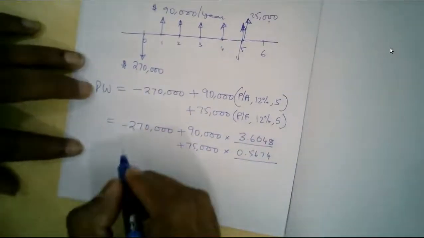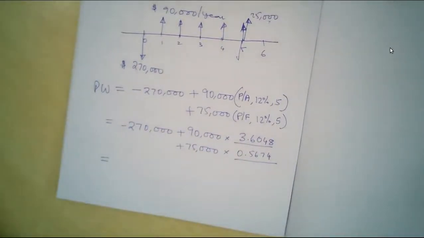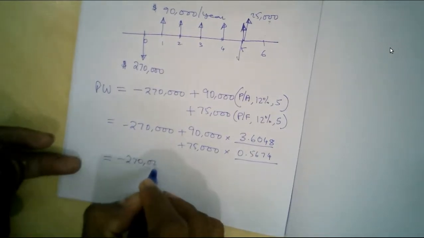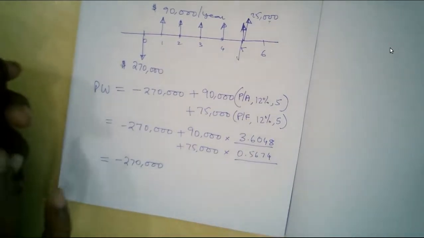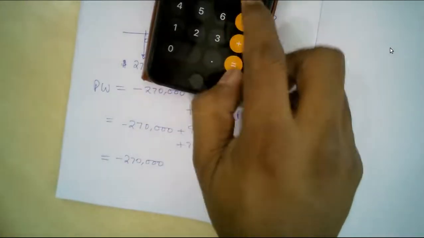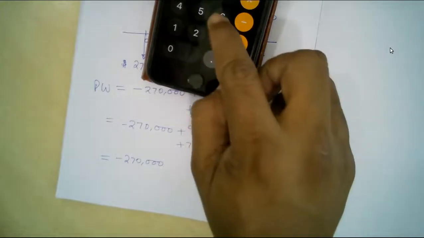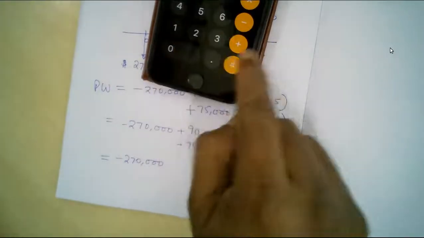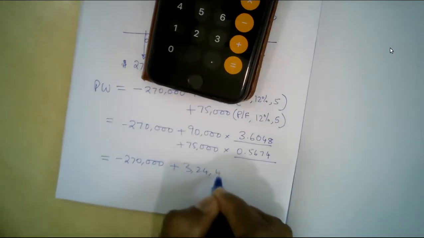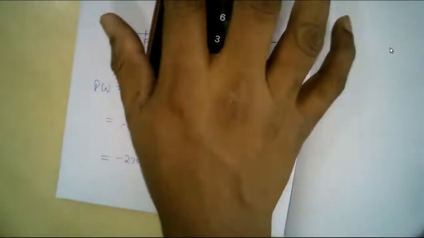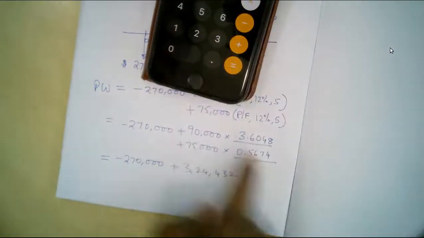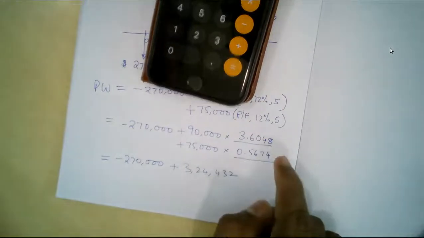So now it's simple. I can calculate the present worth. Okay, so how do you calculate the present worth? So 270, so 90,000 into 3.6048. So that will be plus 324,432. Then 75,000 multiplied by 0.5674.